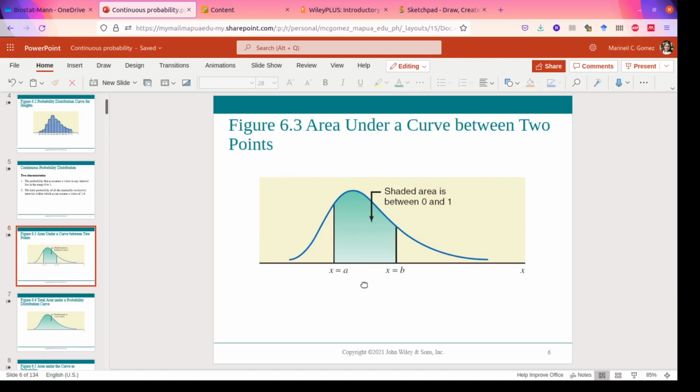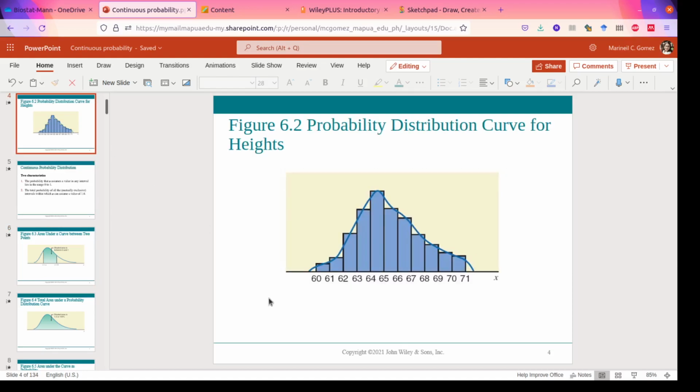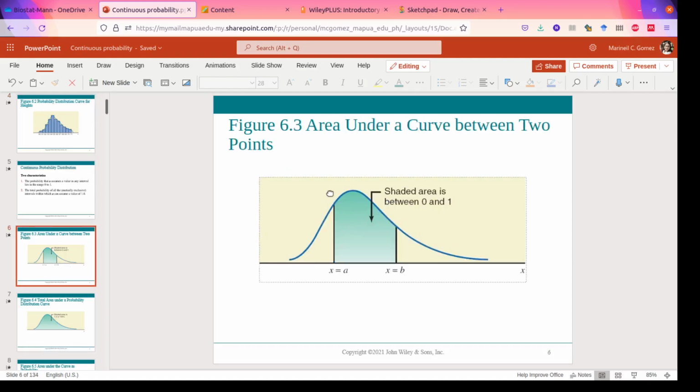When we look at this continuous probability distribution, the shaded area is the probability. We have here the curve, and remember, the curve was created from the probability distributions here. If we take a certain interval within this curve and get the shaded area beneath the curve, this is actually the probability.